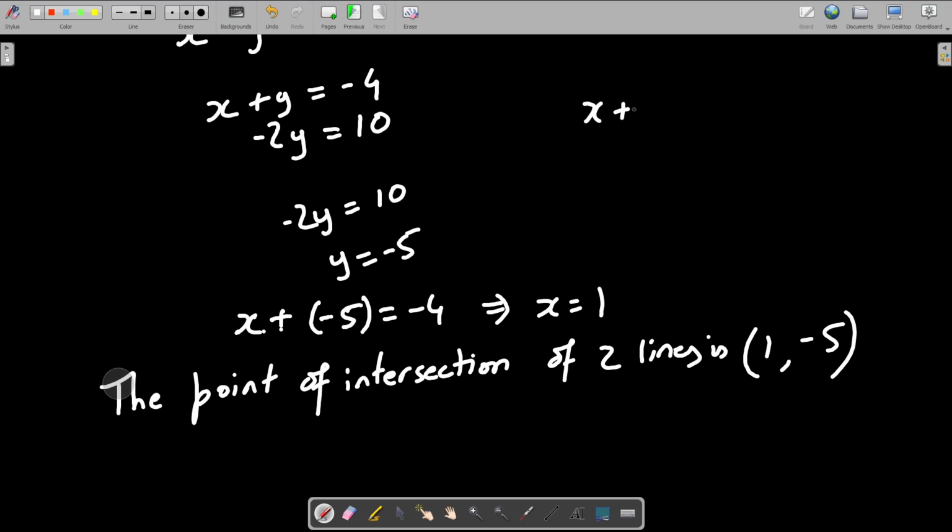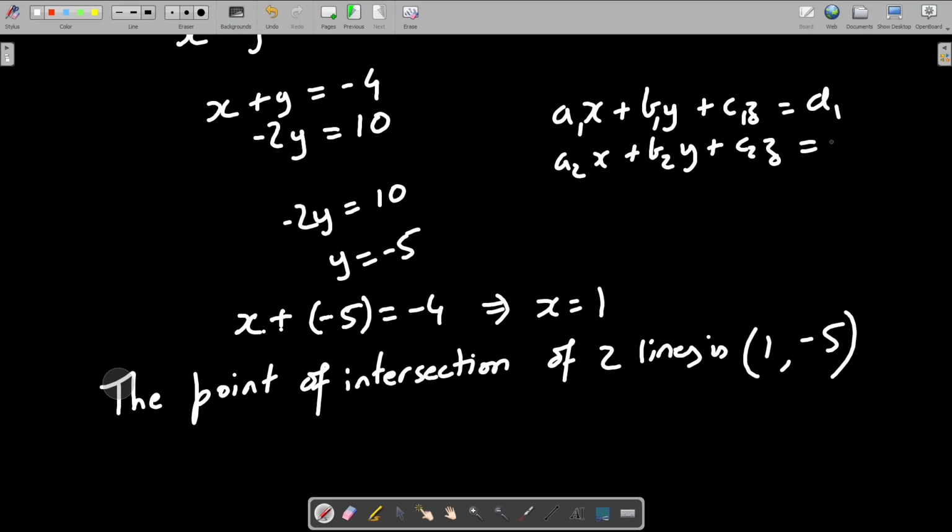And the three variable case you will not have done, no? a1x plus b1y plus c1z is equal to d1, a2x plus b2y plus c2z is equal to d2, and a3x plus b3y plus c3z is equal to d3. This you will not have learned how to solve, no? You will learn this.